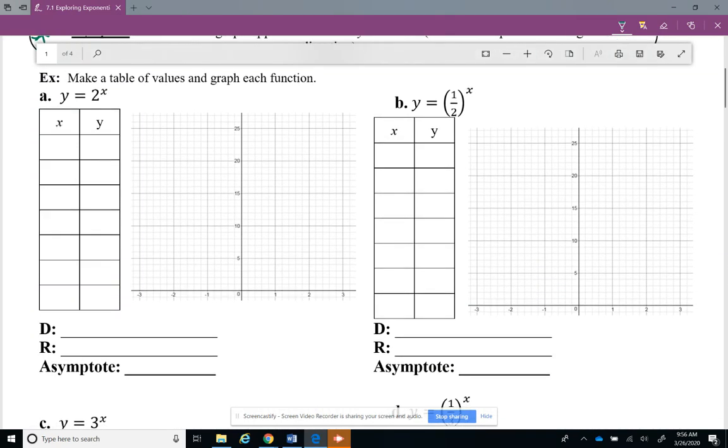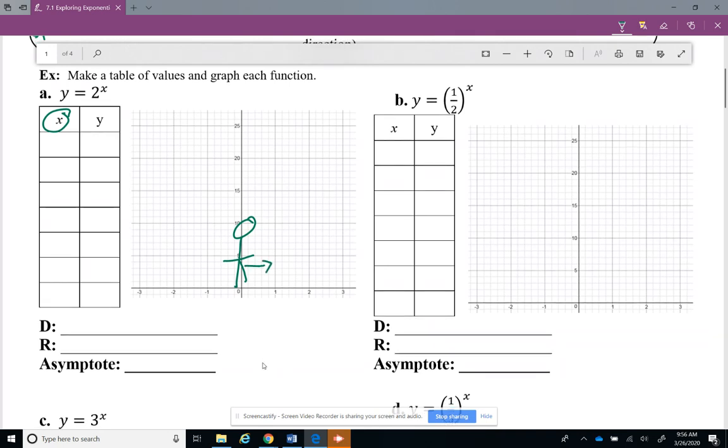We're going to make a table of values, and this is how I figure out what numbers to put for my x. Pretend like you're standing at the origin, and you walk one space to the right. Your first point was 0 because you were at the origin. You walk one space to the right, and your x is 1. You walk another space, and your x is 2. You walk a third space, and your x is 3.